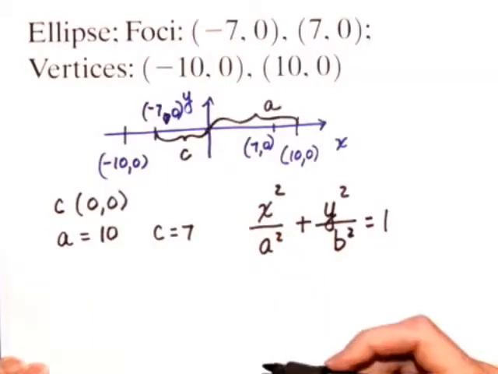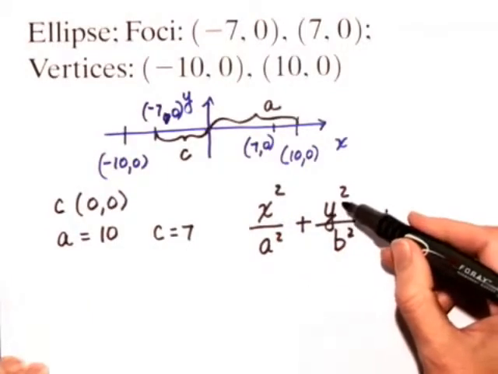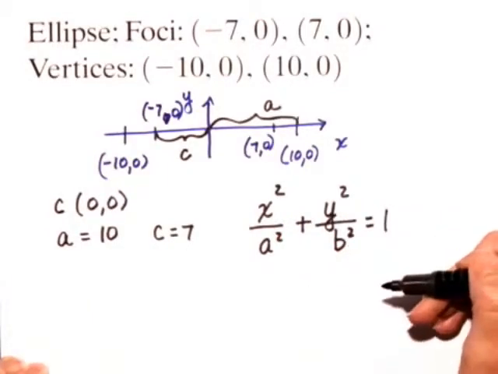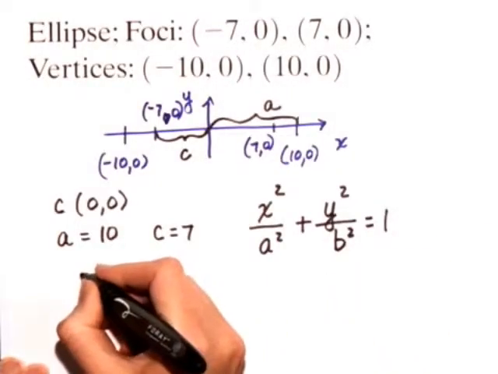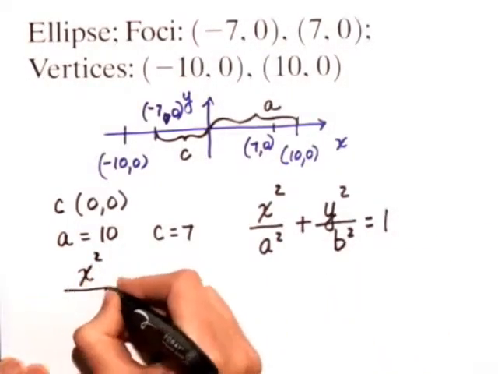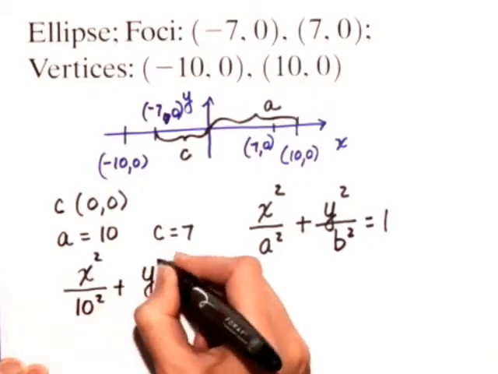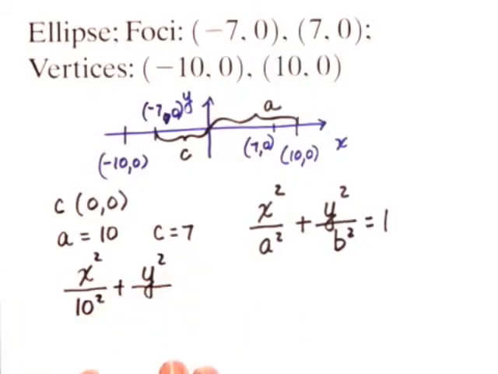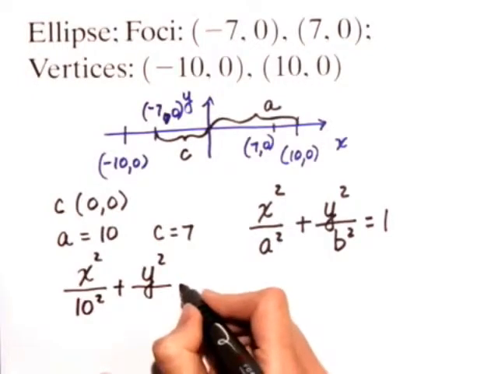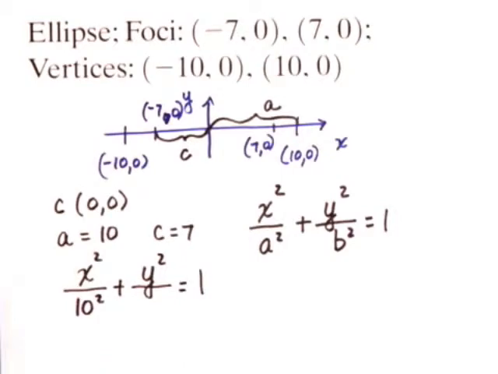If the y-axis contained the vertices, I would put the y squared over the a squared. So in this case, I really have x squared over 10 squared plus y squared over, well, we don't have b yet, so we don't know what b squared is yet. So I'll leave that blank for a minute, and I'll set it equal to 1.